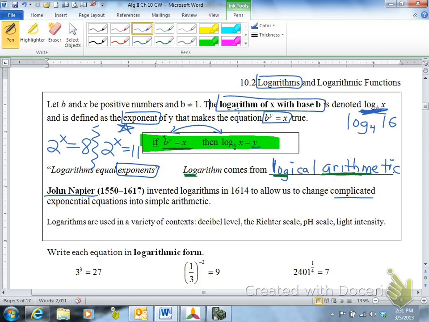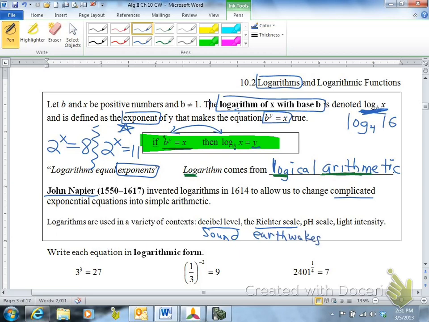And logarithms are used in a variety of contexts. Decibel level is referring to sound, how loud something is. So you can measure how loud something is with logarithms. The Richter scale is for earthquakes, which we get in California occasionally.